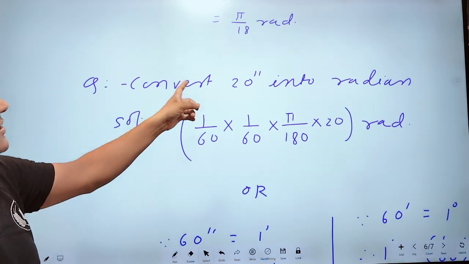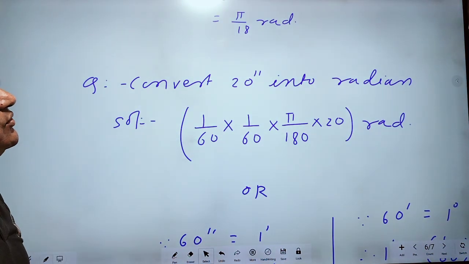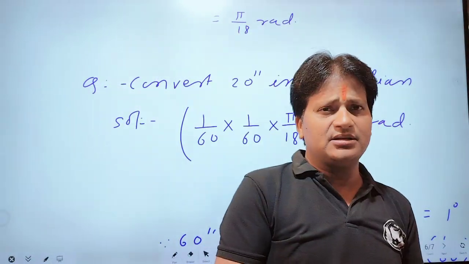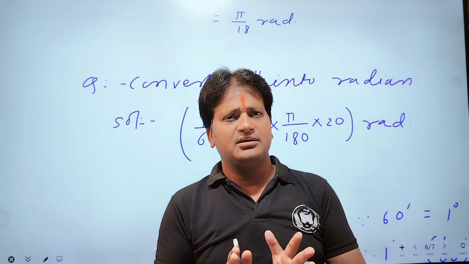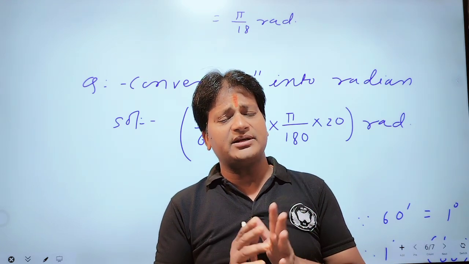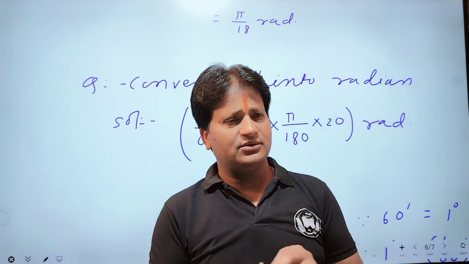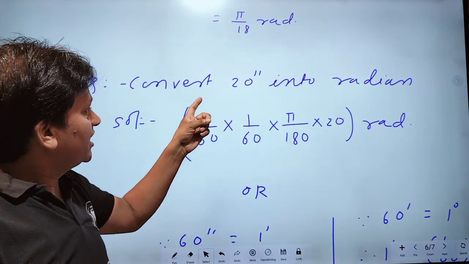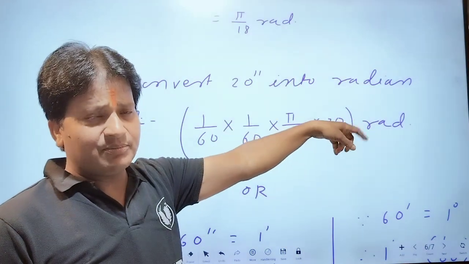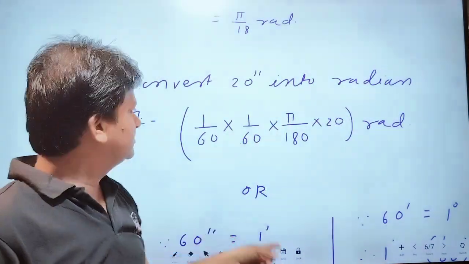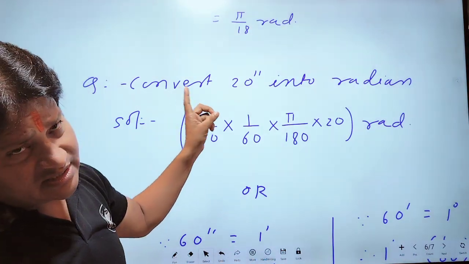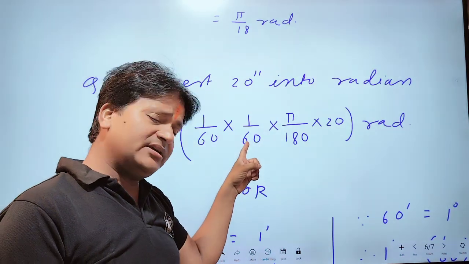Here, convert 20 second into radian. First of all, second is converted into minute by multiplying or dividing by what factor? 60. Okay. First of all, second is converted into minute by dividing by 60.